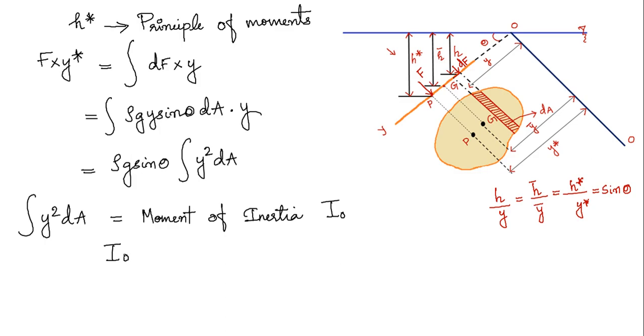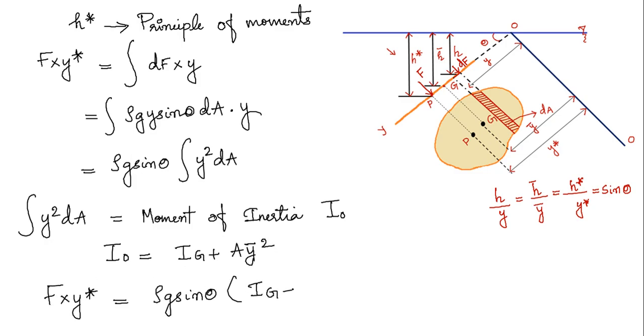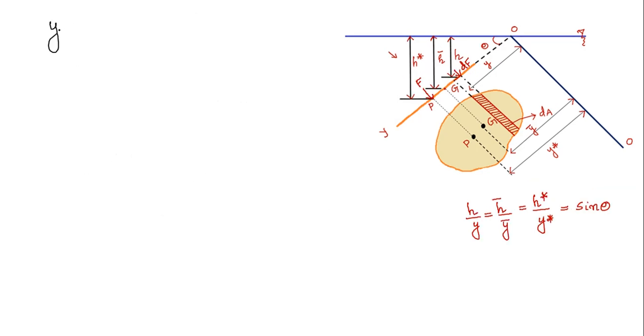From the parallel axis theorem, we can write I naught as Ig plus A y bar square. So our expression becomes F into y star is equal to rho g sin theta into (Ig plus A y bar square).